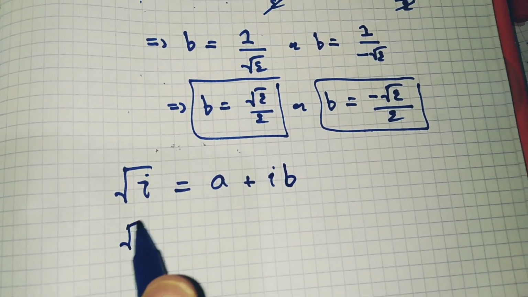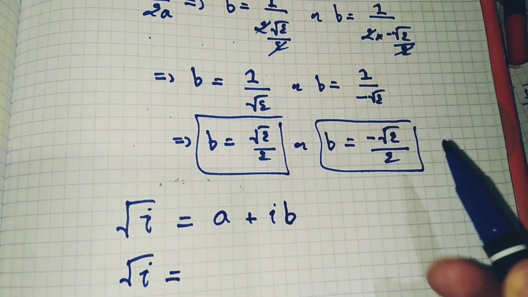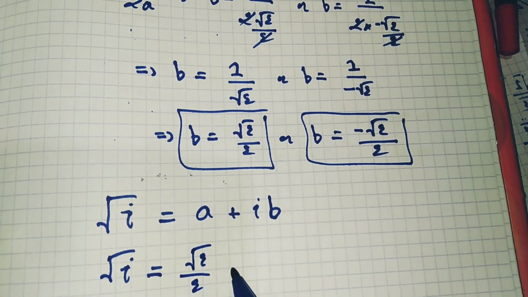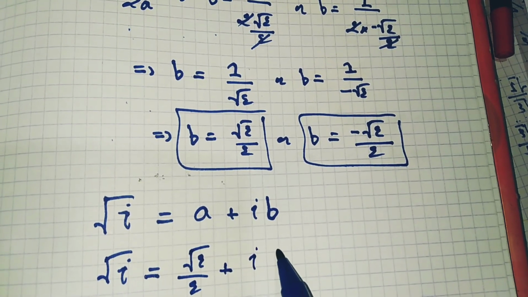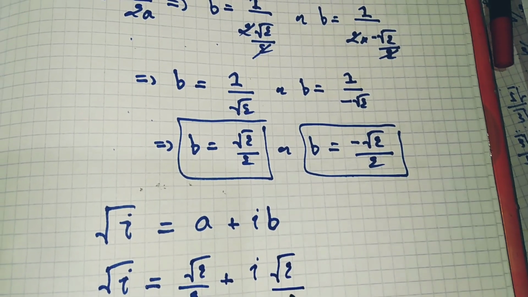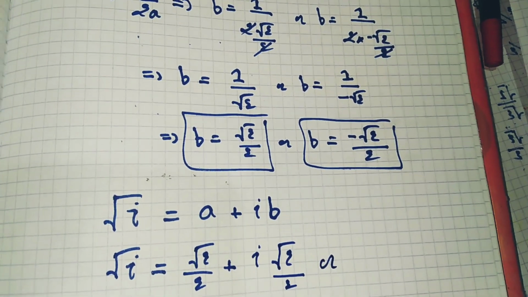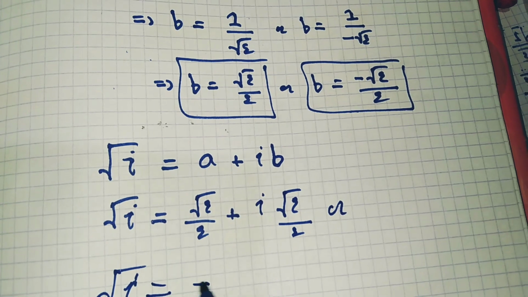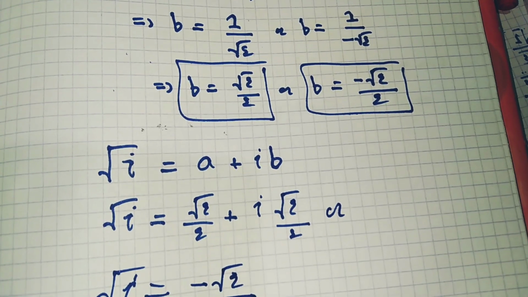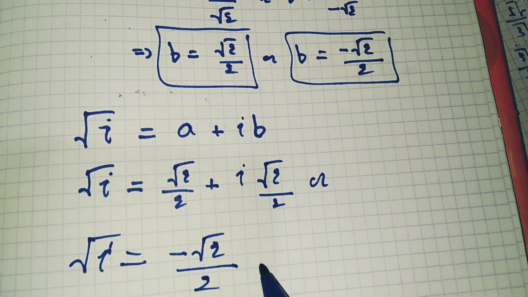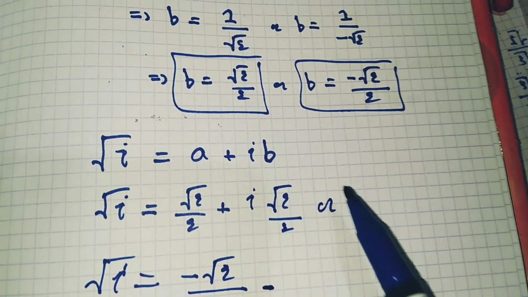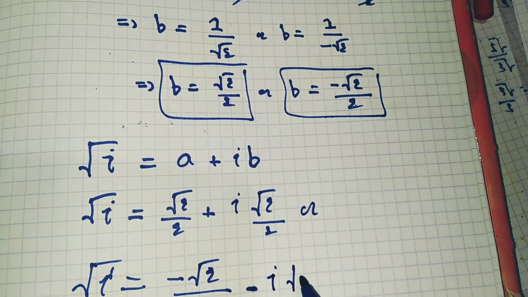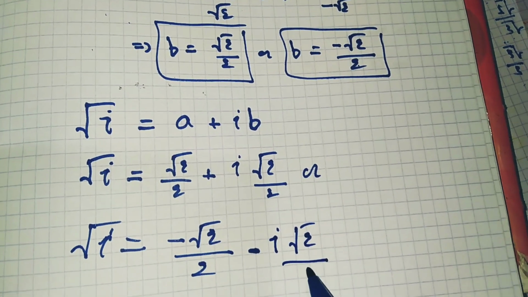So square root of i is equal to square root 2 over 2 plus i square root 2 over 2, or square root of i is equal to negative square root 2 over 2 minus i square root 2 over 2.